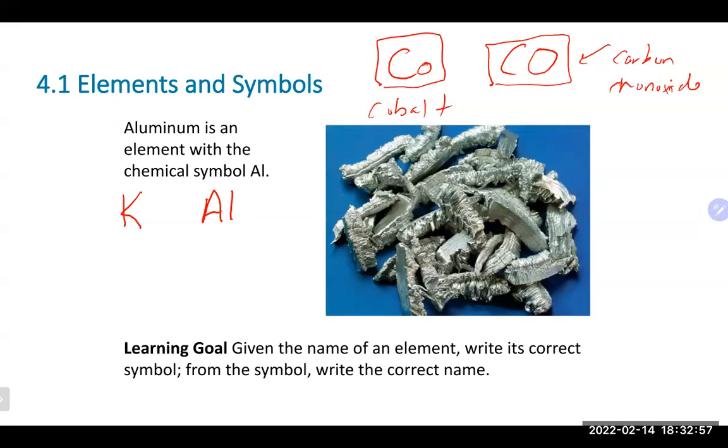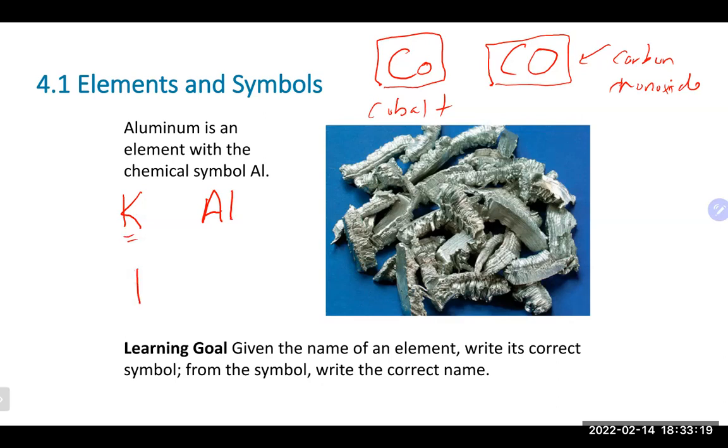Now, do the names come from a wide variety of sources? They do. They come from historical names of people who found or discovered them, Latin names, all kinds of names. Hence why potassium here is K, not P, right? P is actually phosphorus.